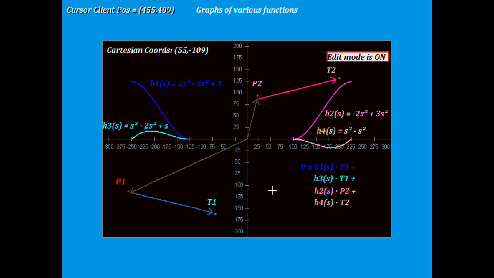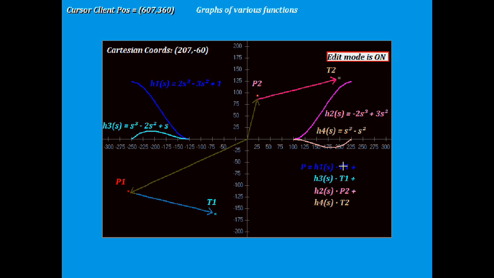Now the way the formula works is by multiplying the various vectors by different amounts that change over the period t equals 0 to 1. The first demo shows the effect of the first term. H1, this curve, starts out at 1 and goes down to 0 during the interval.